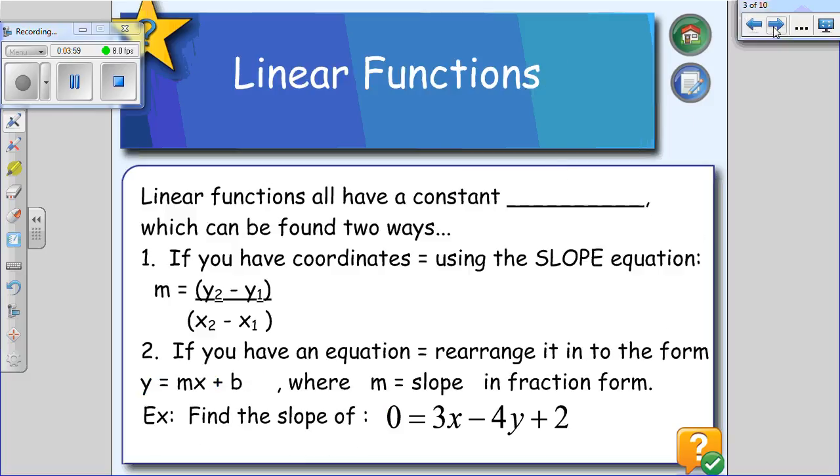Okay. Linear functions all have a constant slope. Slopes can be found two ways. If you're given 2 points on a graph, you do rise over run, or you use this fancy little equation.